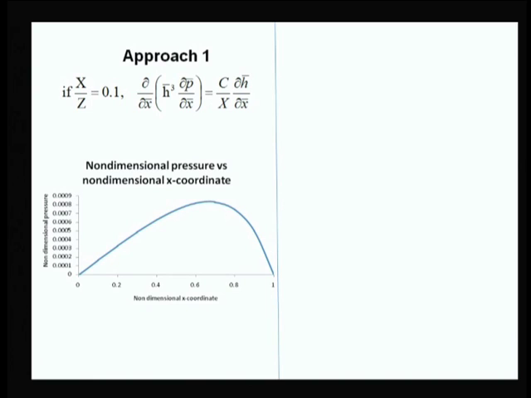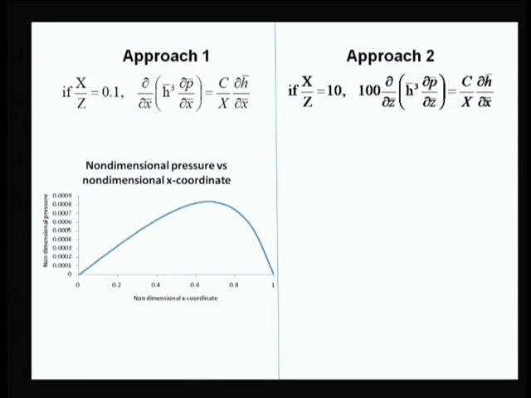We plotted these results. Similarly, we followed approach 2, where the dimension in the x direction was very large compared to the dimension in the z direction. I would say the dimension in the x direction is 10 times the dimension in the z direction.